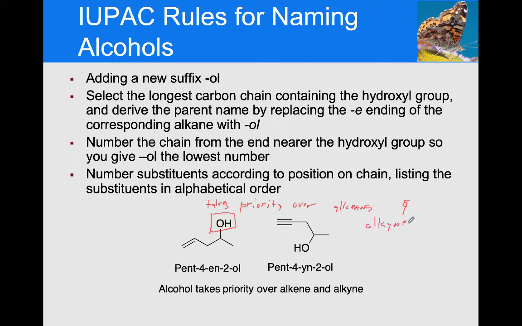Okay, so what that means is I go 1, 2, 3, 4, 5. This is how I number it, right? 1, 2, 3, 4, 5.